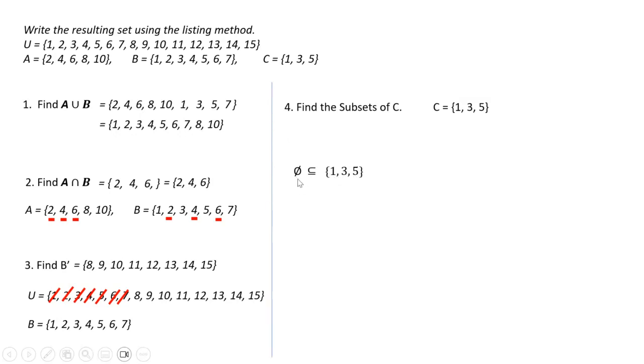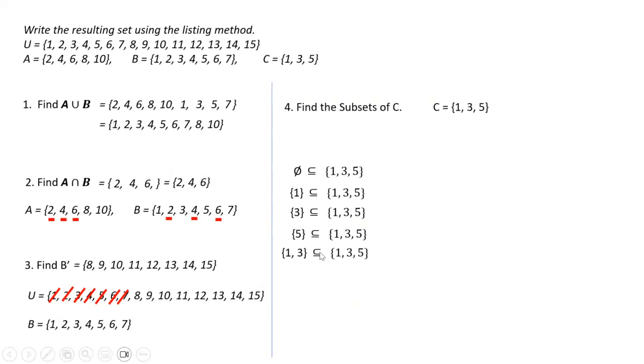Now let's start with one element. The set of 1 is a subset of the set 1, 3, 5. Now comes a 3. It's also a subset of the set 1, 3, 5, and now we use the set 5, which is a subset of the set 1, 3, 5. Now let's do them in pairs, 1 and 3.